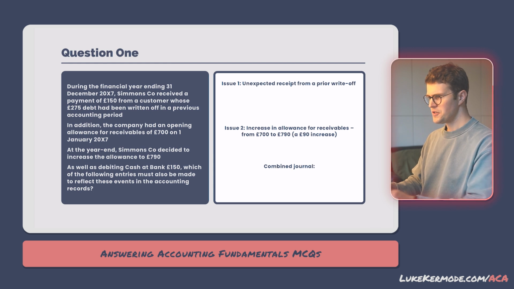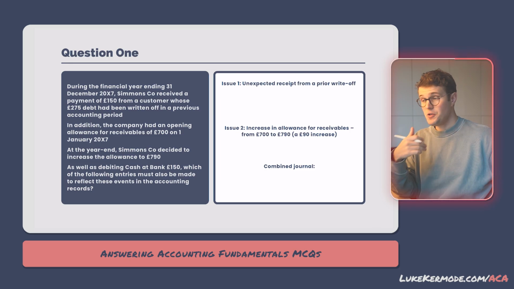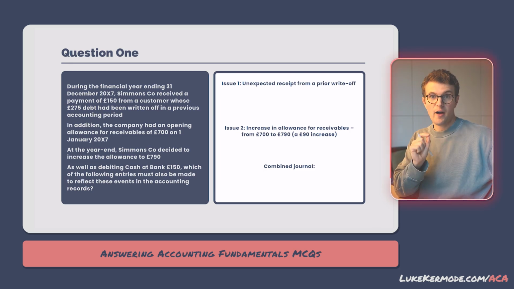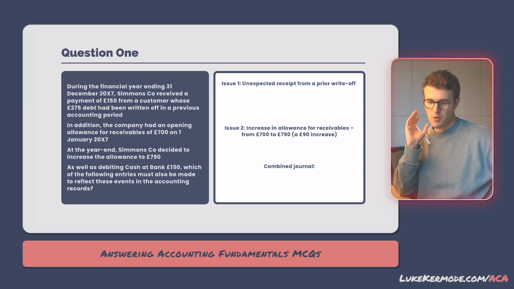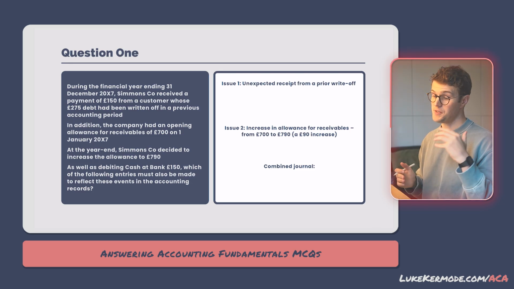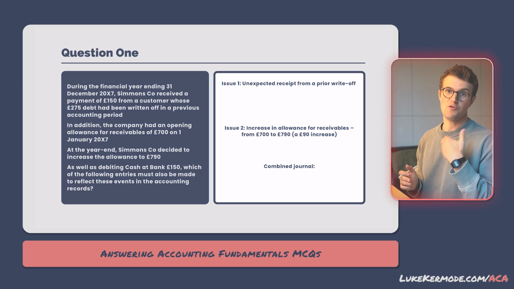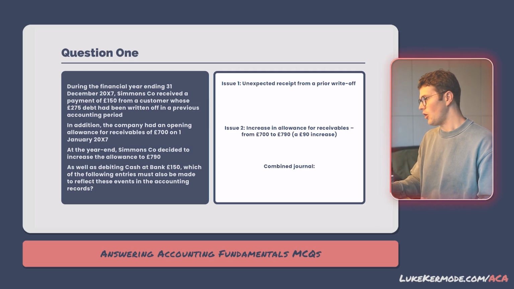First, let's consider the £150 payment that was received from a customer whose debt was written off in the prior financial year. When we originally wrote off that debt, we would have debited irrecoverable debt expense and credited trade receivables, or in other words, in last year's accounts, we would have treated the debt as irrecoverable and we would have recognised a loss in the income statement.